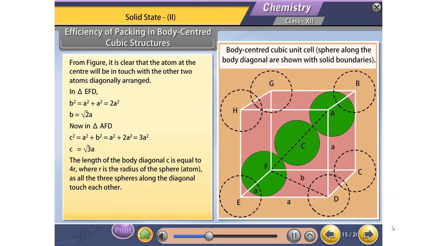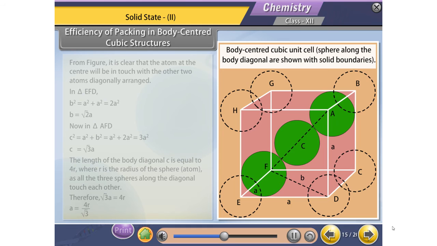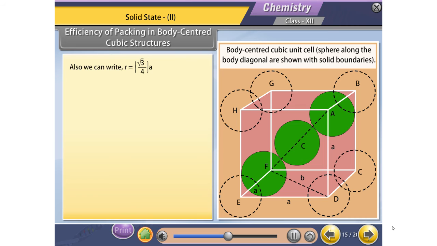The length of the body diagonal c is equal to 4r, where r is the radius of the sphere atom, as all the three spheres along the diagonal touch each other. Therefore, √3 a is equal to 4r. a is equal to 4r/√3. Also, we can write r is equal to (√3/4) a.